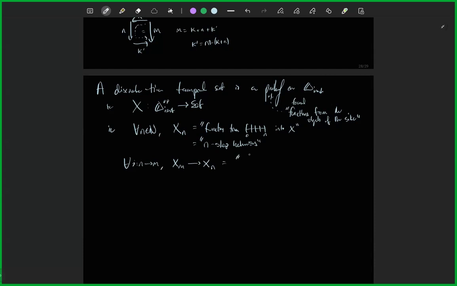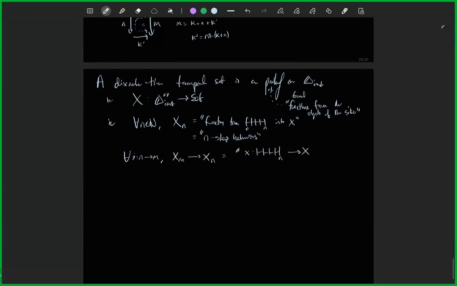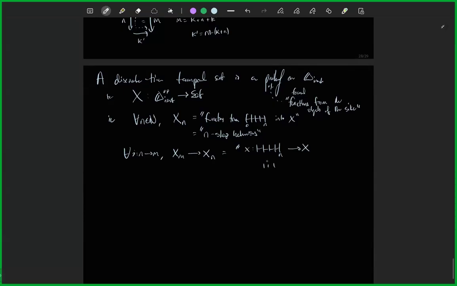So take the function x, which goes from this many things, n, into x, and we restrict it, we take our sub thing here. This is I, this is m, and we restrict it along that inclusion. That's what we're going to think about this as.